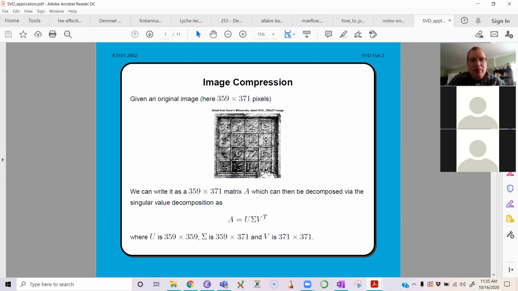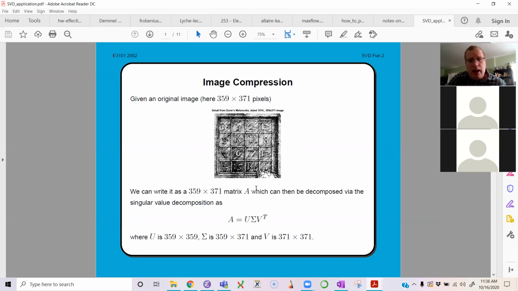This is the original image. It's a matrix of pixels, so it's a 359 by 371. Every pixel has a magnitude, I think, between 0 and 255. I'm not sure actually.